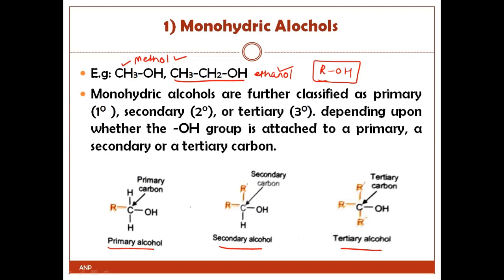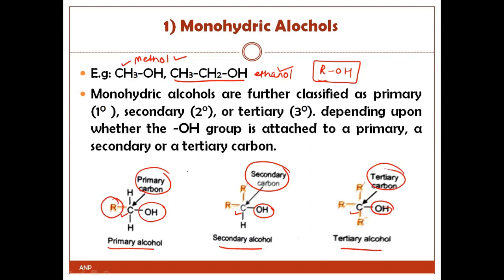So here, the OH group is attached to a primary carbon atom. Here, the OH group is attached to a secondary carbon atom, and here the OH group is attached to a tertiary carbon atom.